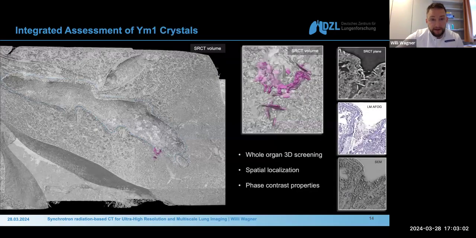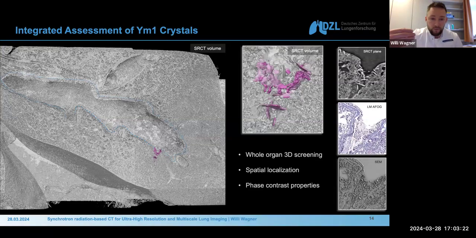One surprising finding that came up when we looked at our mouse model of pulmonary fibrosis was the presence of crystalline structures within the airways of the lung. That was actually picked up in the synchrotron scans and not in the histology.